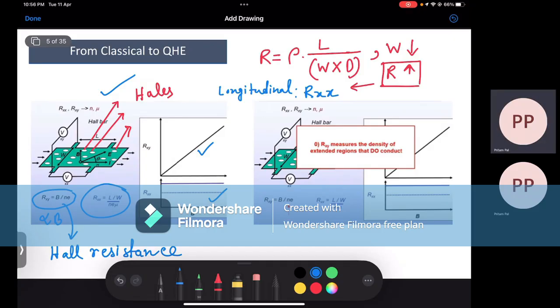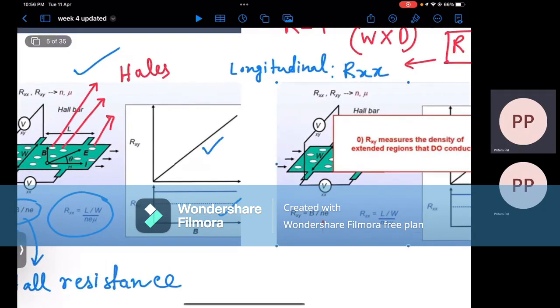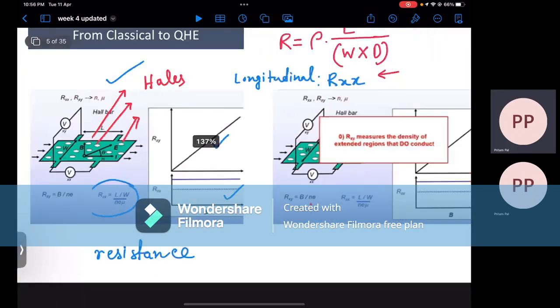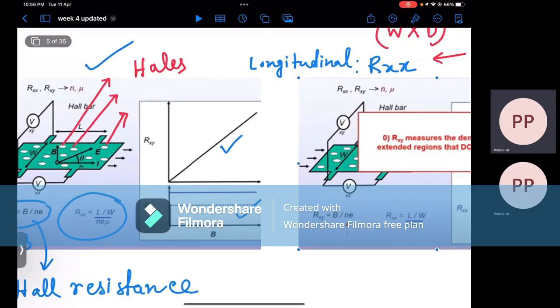It is what we already got when we didn't have any holes present in the system. Whatever we had, we're getting the same thing in the Hall resistance, even though I drastically modified the geometry of the sample by cutting holes.